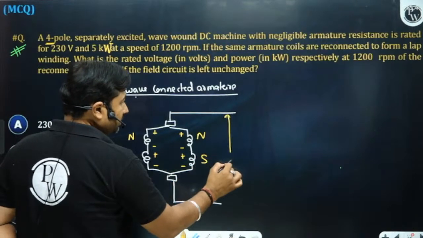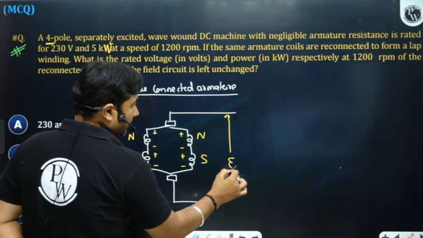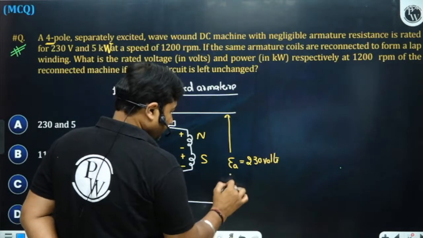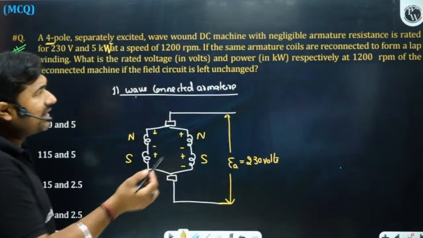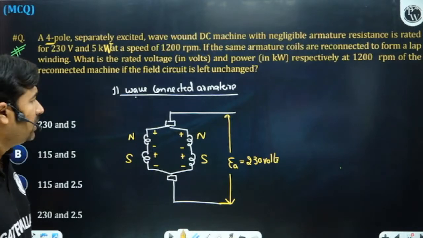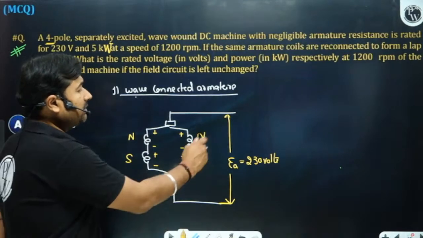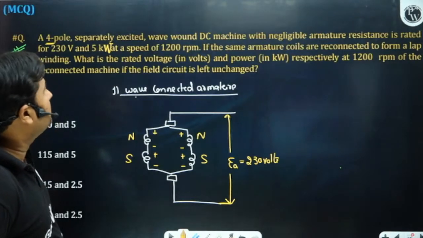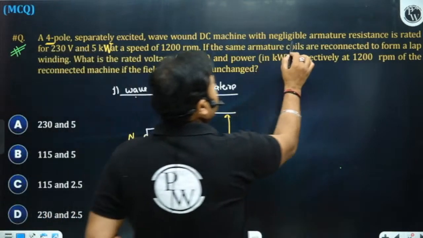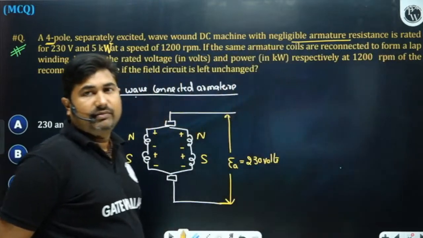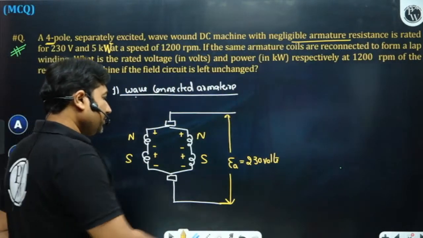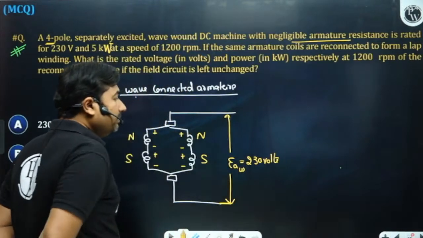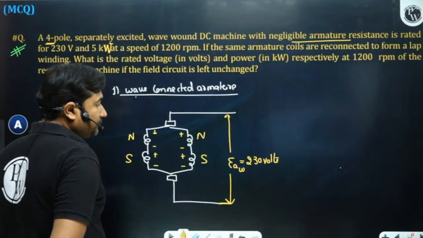This voltage is 230 volts. As RA is not given, we don't know about the drop, so I am considering EA as the terminal voltage. For 230 volt, armature resistance is negligible, so V and the induced EMF are the same. This will be your EA. In case of wave connected, I am writing EAW as 230 volts.